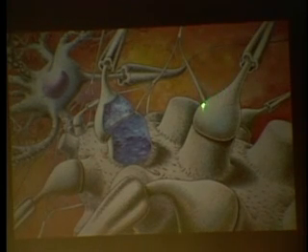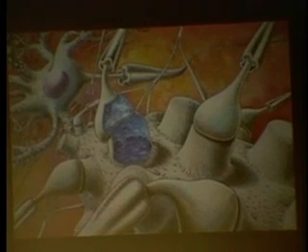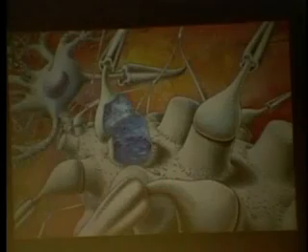Sure, you have axoaxonic. Do you have one coming in and synapsing with the soma? Sure. So you have axosomatic, you have axodendritic, and you have axoaxonic. There's one more. Dendrodendritic. Those are very rare, but they're finding many more of them than we ever thought before.